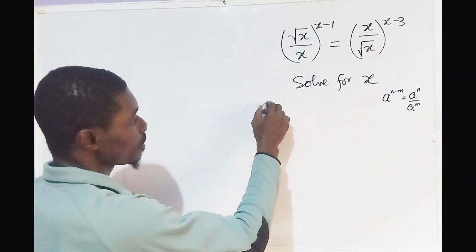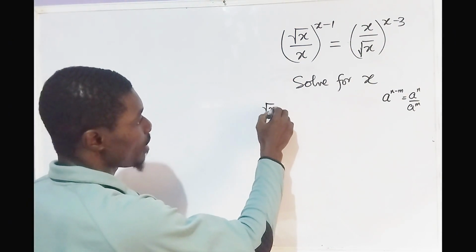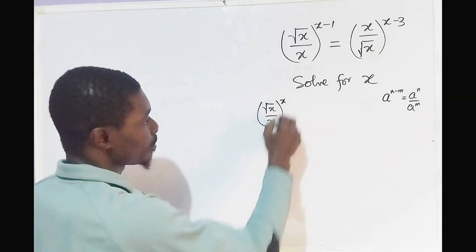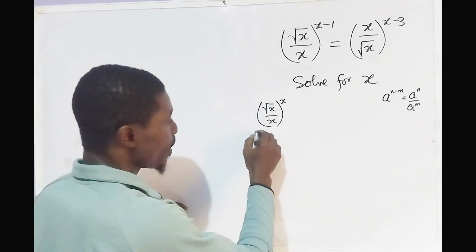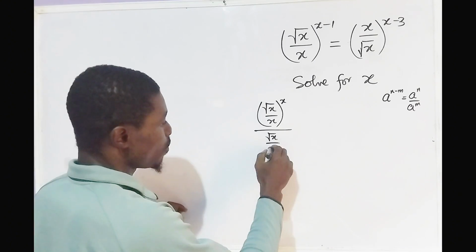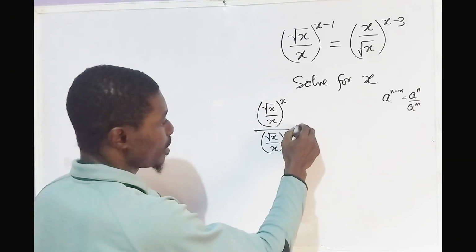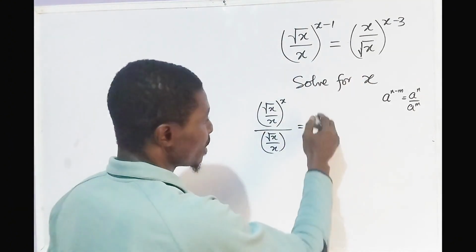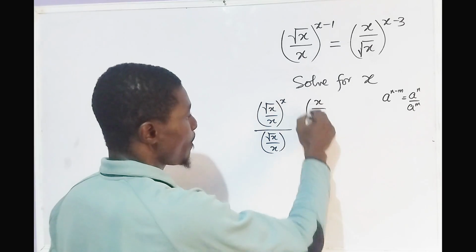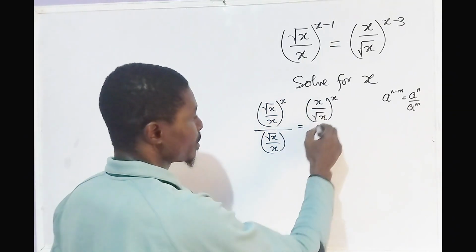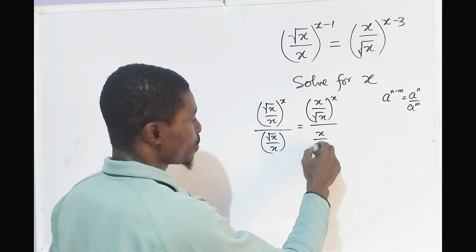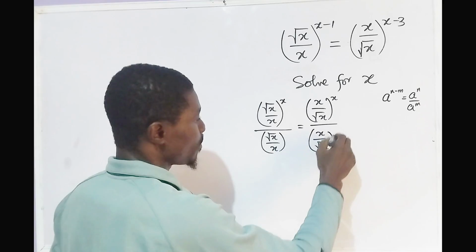So this will give us the square root of x all over x, all raised to the power of x, all over the square root of x all over x, equals the same thing here. We have x all over the square root of x all raised to the power of x, then all over x all over the square root of x all raised to the power of what?